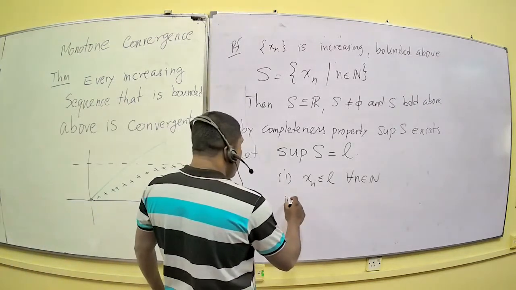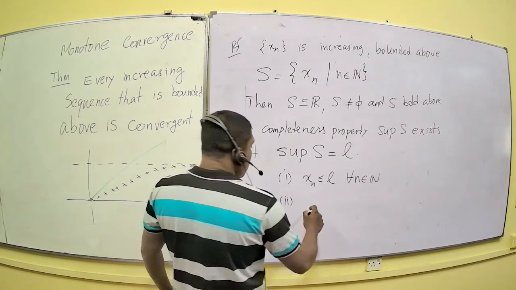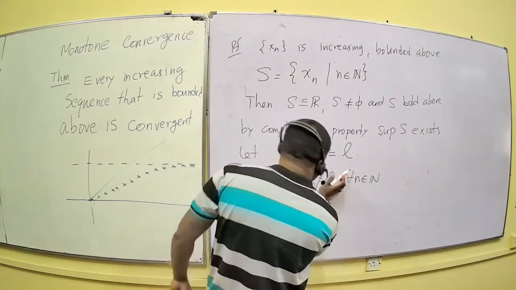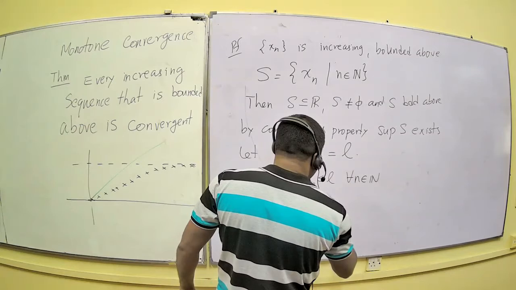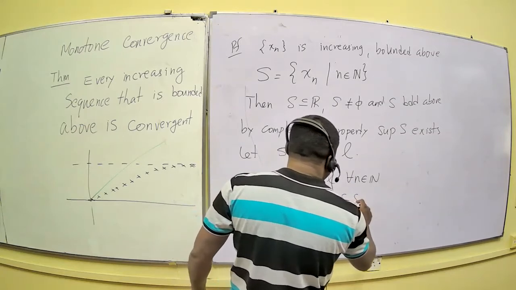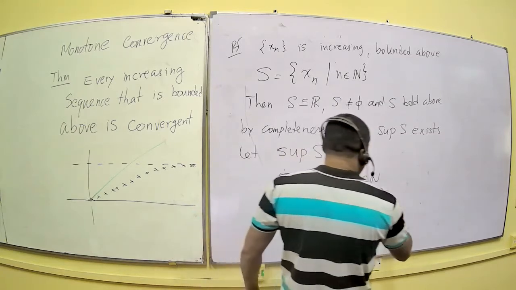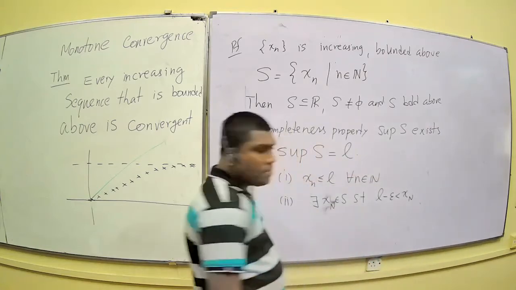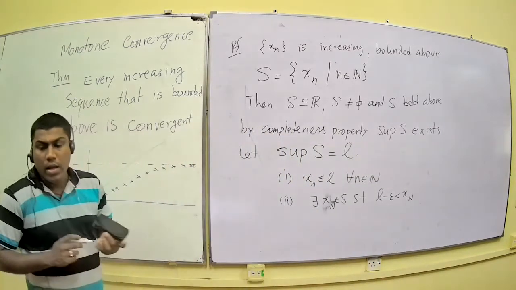And second one, there exists xn belongs to S such that L minus epsilon is less than xn, right?